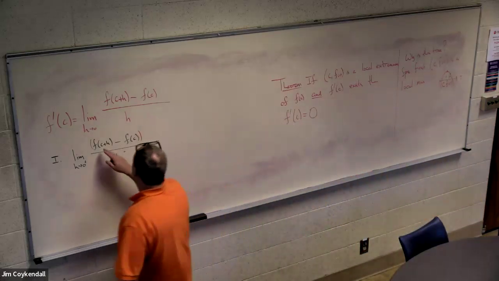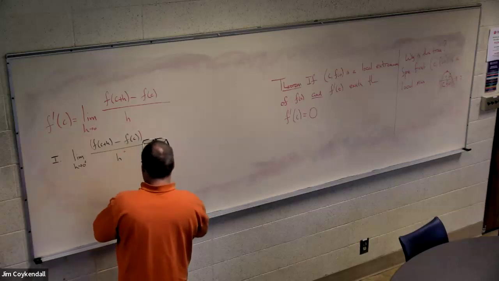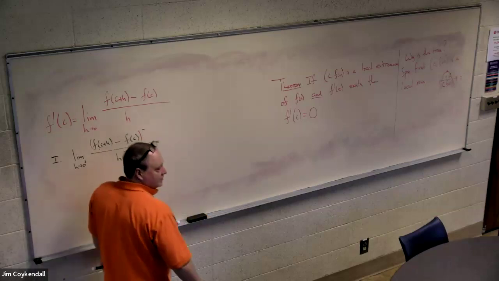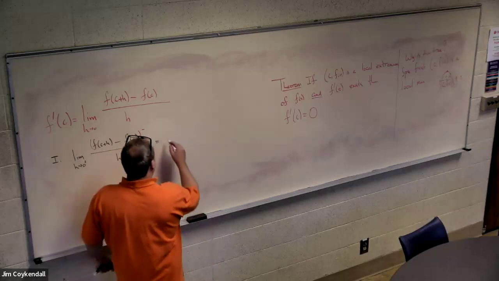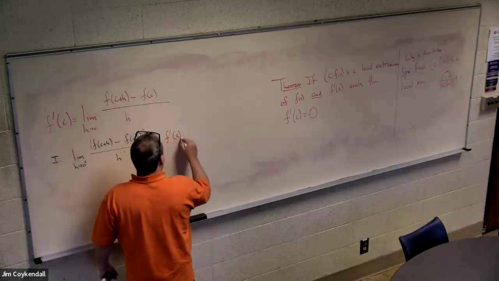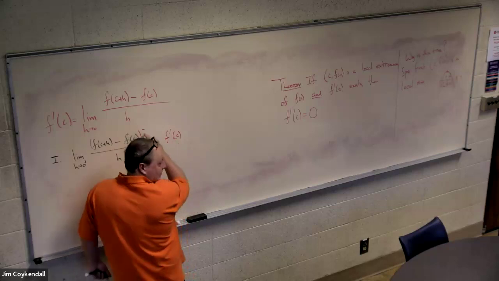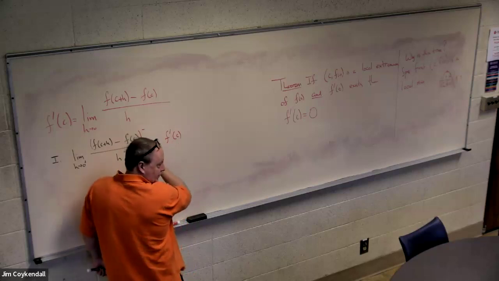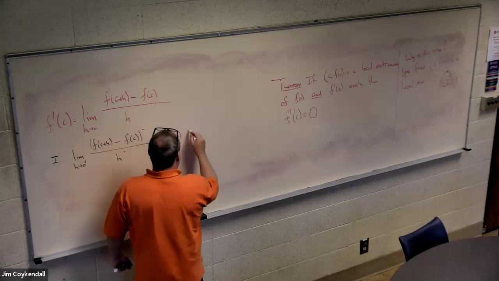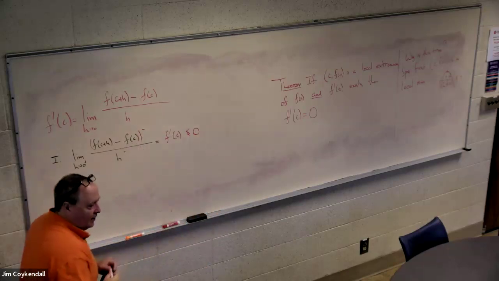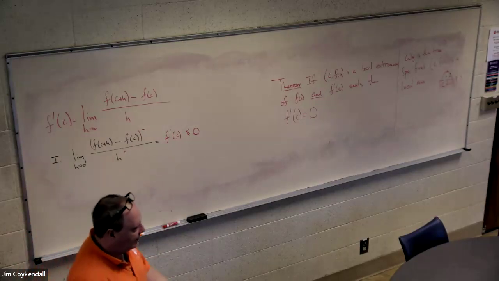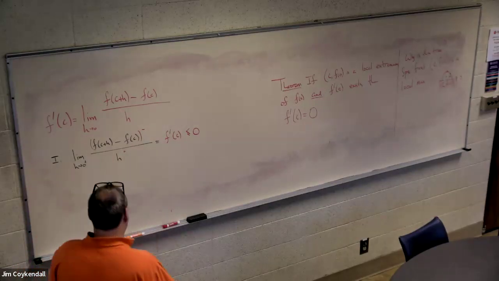So when I take f of c plus h minus f of c, this is negative, isn't it? Now, this limit is f prime of c, but it's a limit of negative over positive, right? So this is less than or equal to zero. Do I agree with that? I haven't figured out what it is, but I know it's less than or equal to zero.